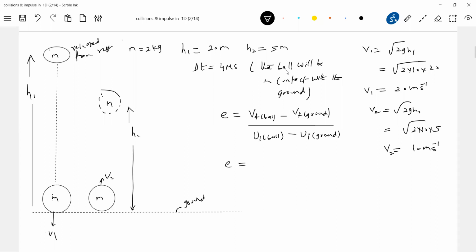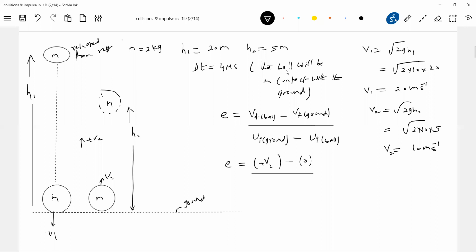This is the final velocity of the ball. Upward, let me take positive. How much it is? V2. That of the ground, 0. Initial velocity of the ball, initial velocity of ground. Yes, there's a sign. Initial velocity of ground minus initial velocity of ball.